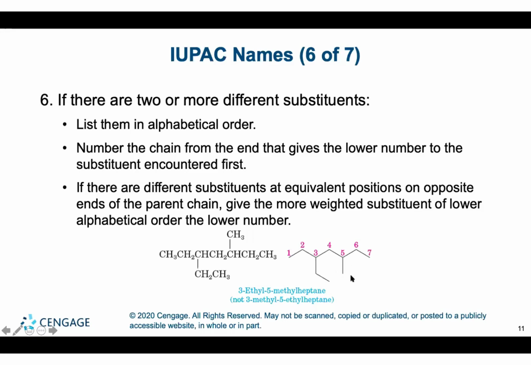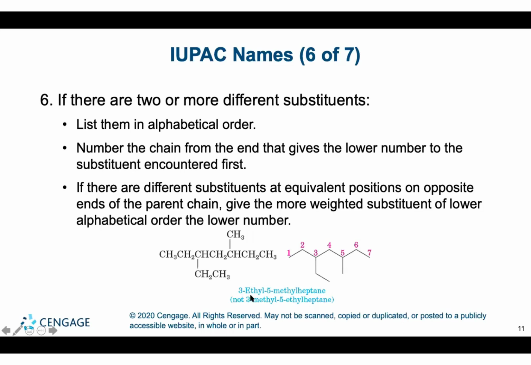Two different alkyl groups. If you have two different alkyl groups, you should go based on alphabetical order. Is ethyl lower in alphabetical order or methyl? Ethyl, right? E. A, B, C, D, E is sooner compared to M, methyl group.